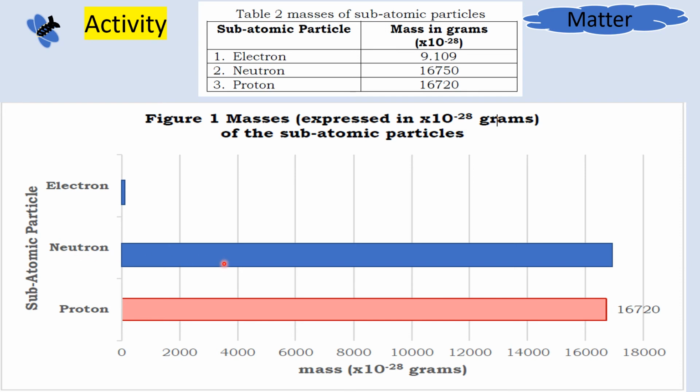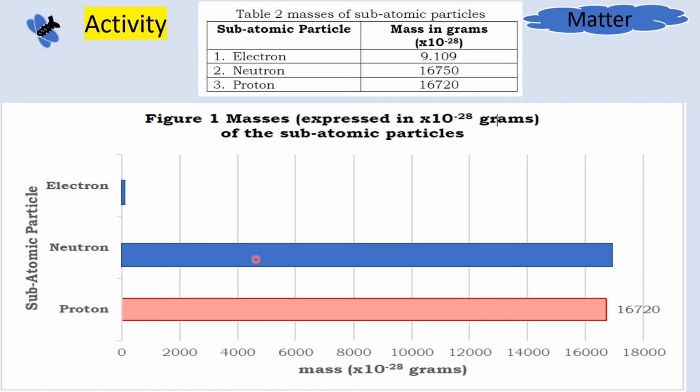For the neutron, since they have almost the same mass, 16,750, we'll make a bar almost the same as the proton, but a little bit greater.